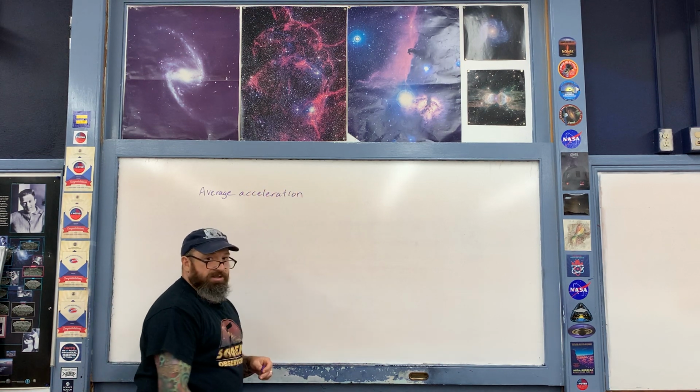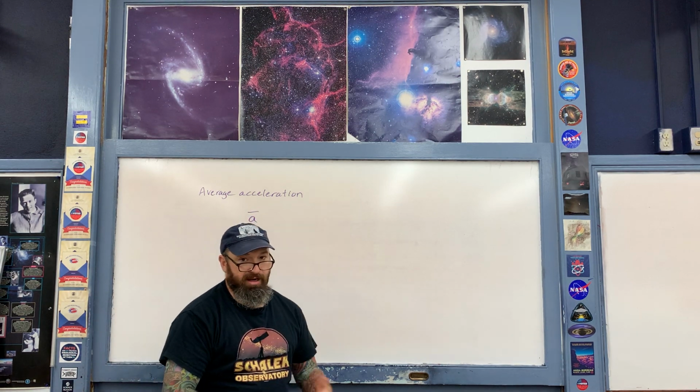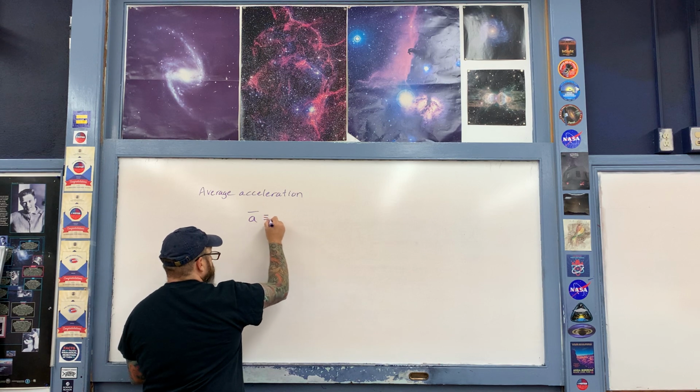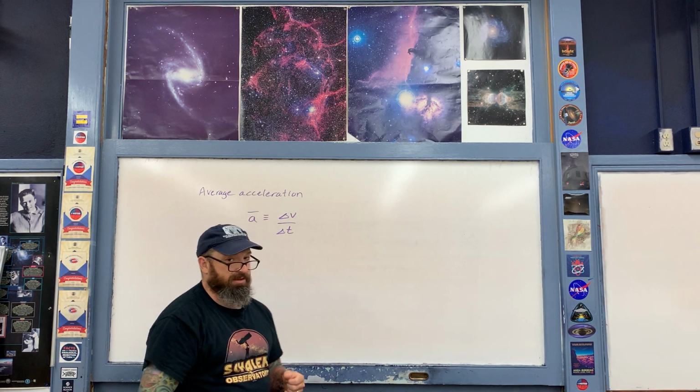Okay, first of all, average acceleration is written as A, and then we once again use a bar symbol for average. By definition, average acceleration is change in velocity with respect to time.